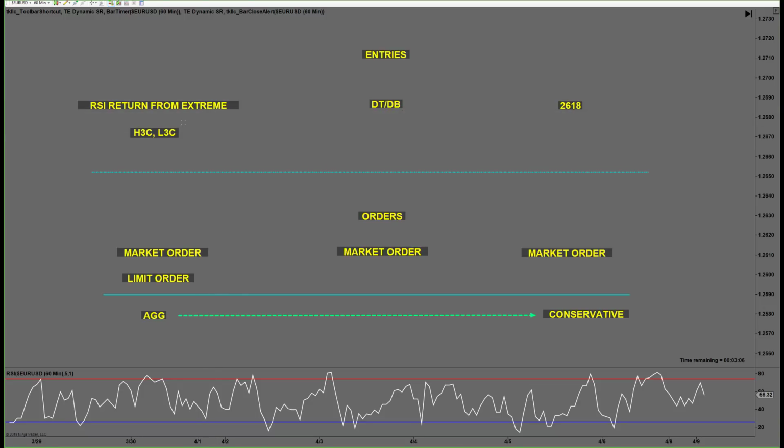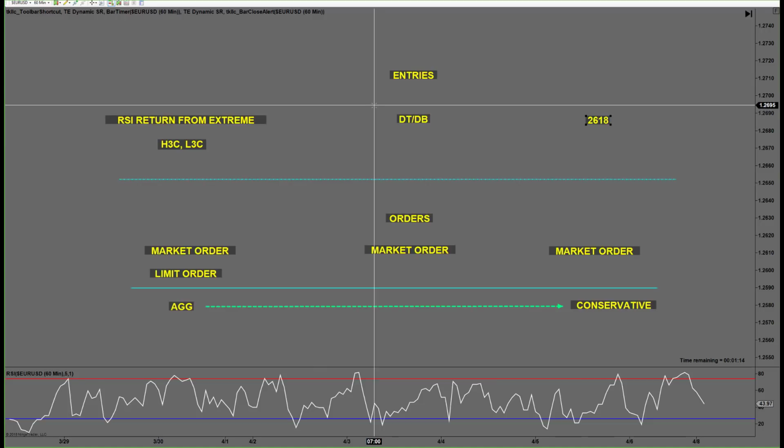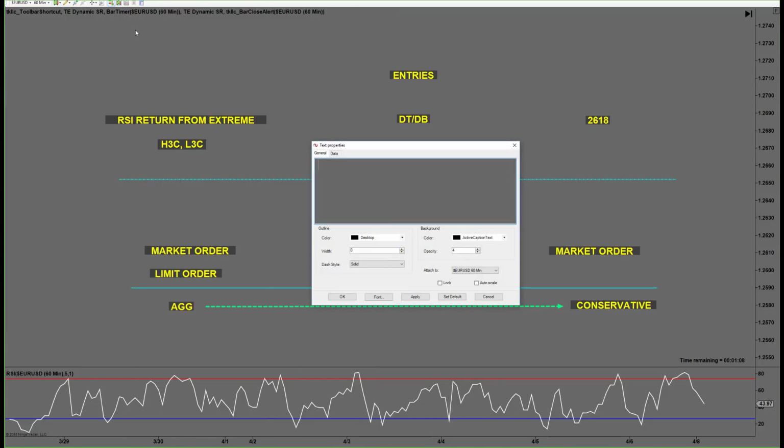So we've got the extreme entries on the left side, RSI return from extreme. Double top to double bottom was our mid area of aggressiveness, and then 26.18. Now the way that I trade, I use a higher time frame and a trading time frame. We discussed this as well, but I just want to reiterate what we're doing there. HTF and TTF.